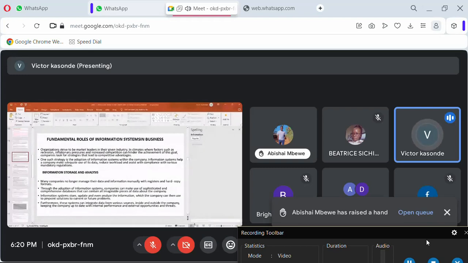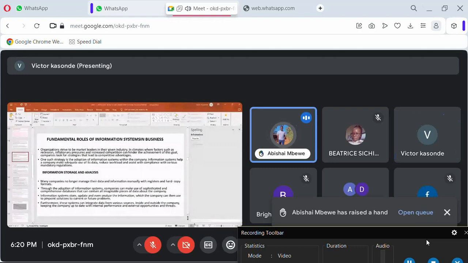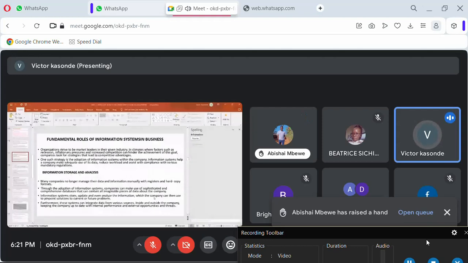It is for opposing. So I wanted to ask, what measures are in place within the information system to ensure security and risk management? Bring the question again. What measures are in place within the information system to ensure security and risk management for sensitive data in a company? Yeah, every system, it's not that all Jim and Jack can access that information.